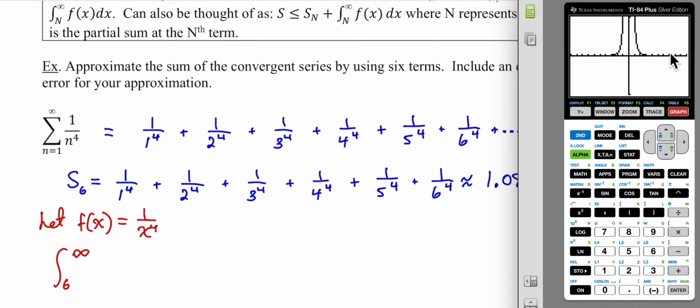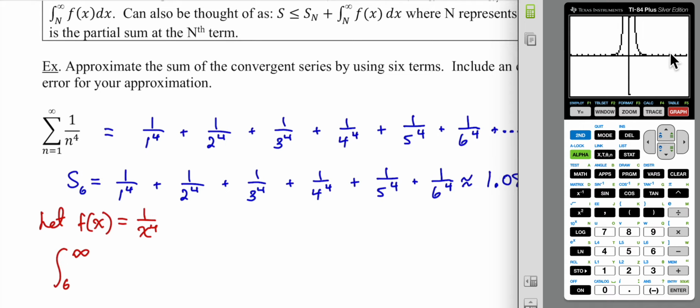So I'm going to find the integral over this interval, which gets swapped out, or at least adjusted, to the limit as a approaches infinity, because it's still improper, going from 6 to a of, and I'm going to write this as x to the negative fourth dx, because this is kind of nice.